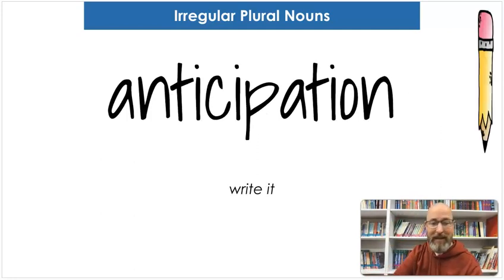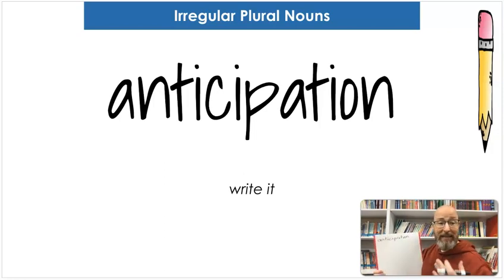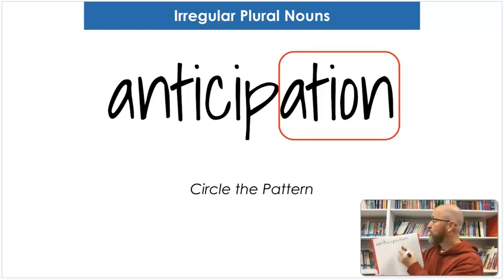Anticipation. And let's write it. I'm going to try to fit these on my board too, but these are some big words this week. So I will fit all that I can. Our first word, anticipation. Let's write it. And the Latin suffix on that is ation. So we're going to circle that whole thing.